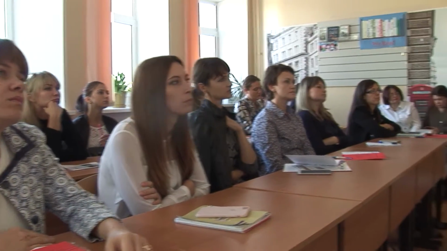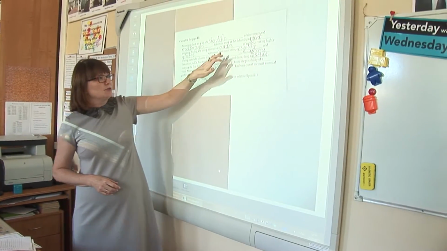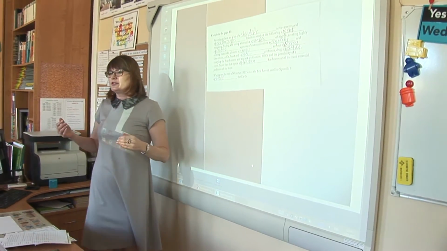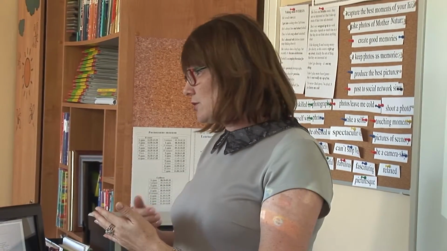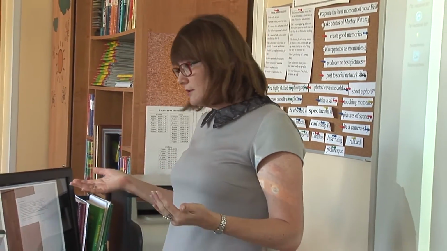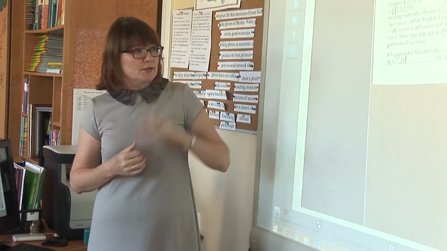Again, they complete this gap, and here you can see that some of the words are in red, because this is the correction the student has made after he has done his work, and then he compares it with the original text and sees what mistakes he has made, and then corrects them.